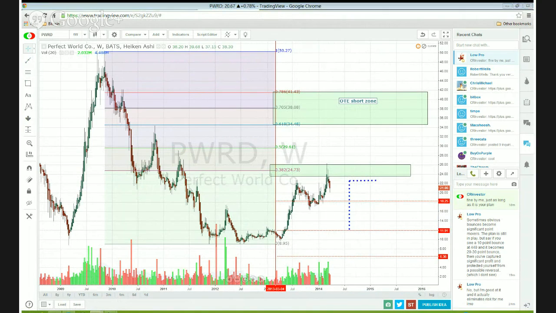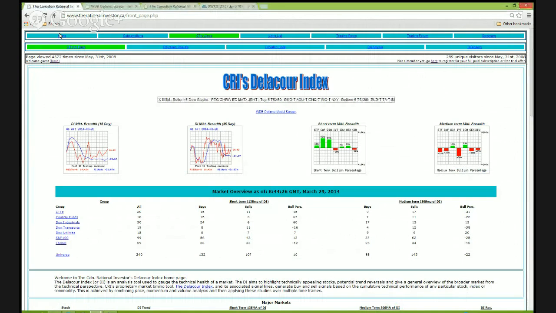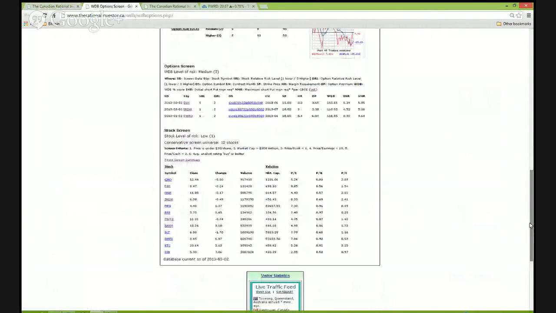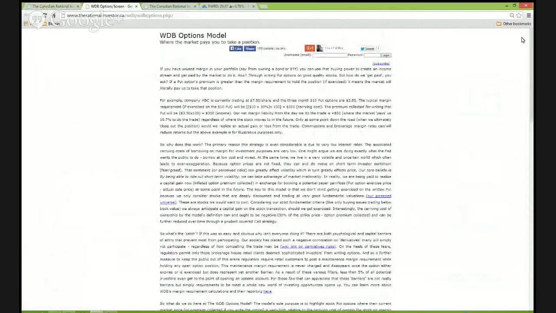So that's just a brief overview of my algos that I use. As I said, you can go into the trading room at any point and check out the DI screen results, and this WDB options screen is still in beta format, which means it is free.